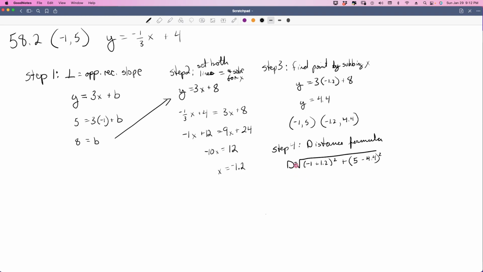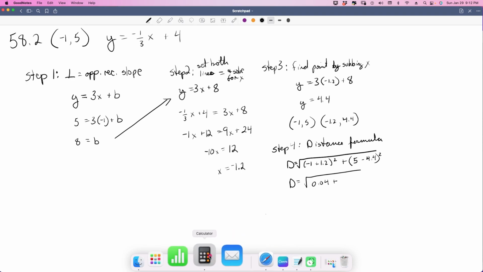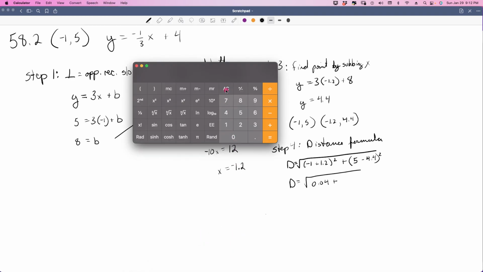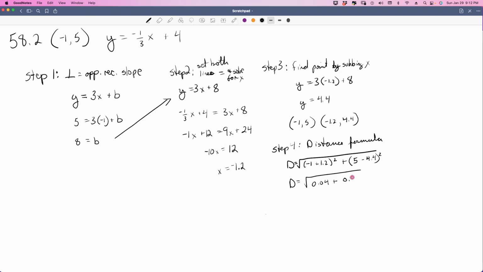So the distance is equal to the square root of 0.04 plus, and let's find out what this one is. That's going to be 5 minus 4.4 squared, 0.36. So 0.36, which gives us 0.4. So the distance is the square root of 0.4.